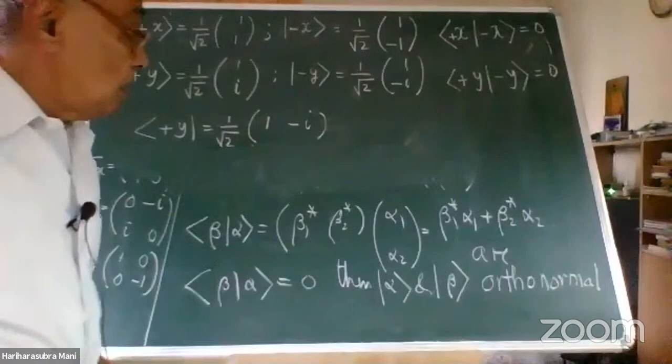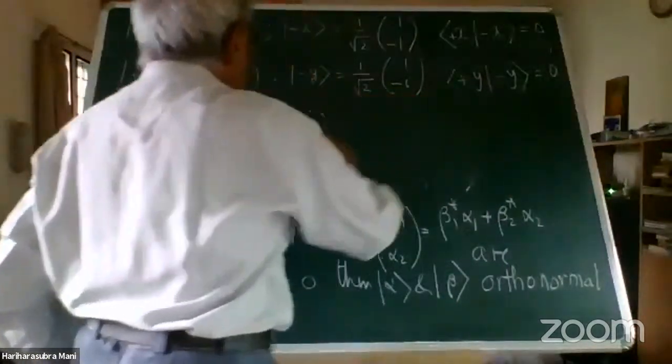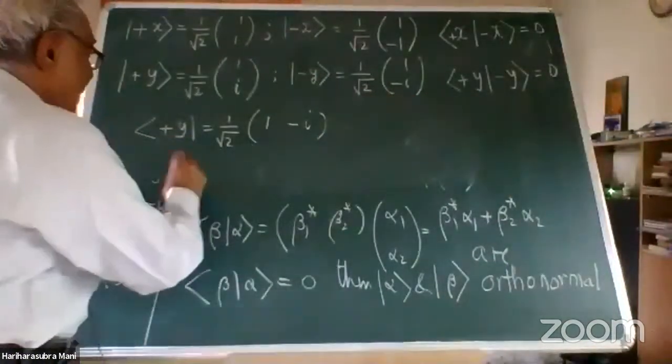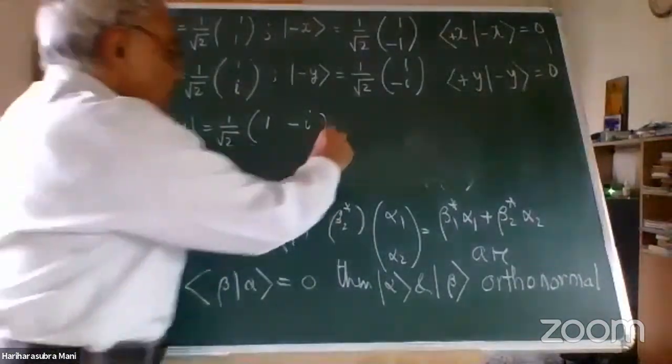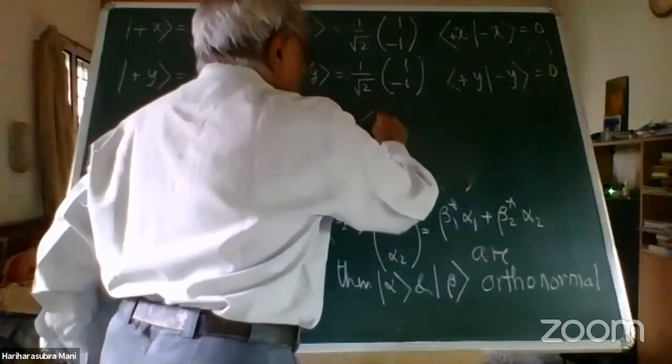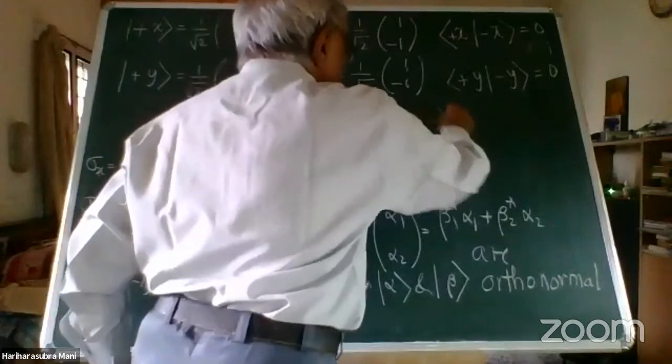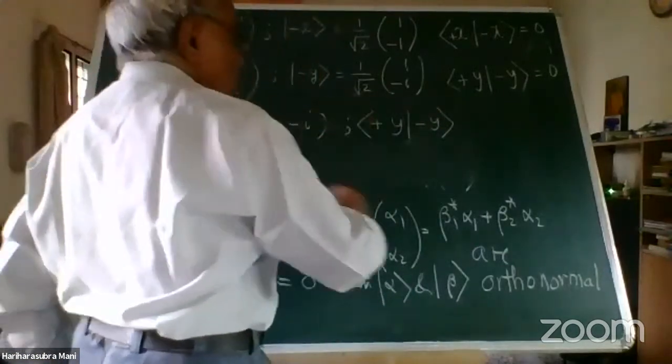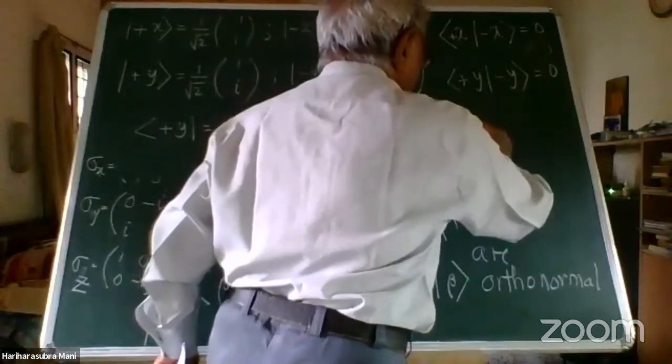And then what is minus y? I will write it as plus y, minus y: 1 by root 2 and 1 by root 2 is half.